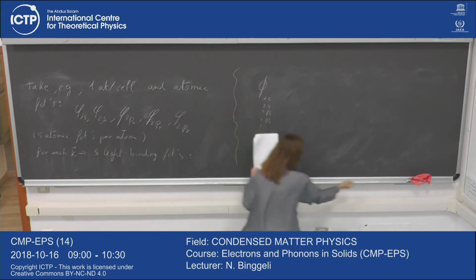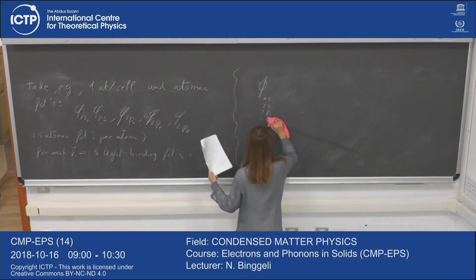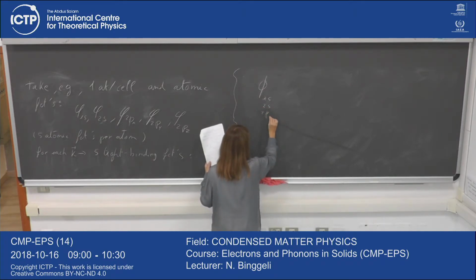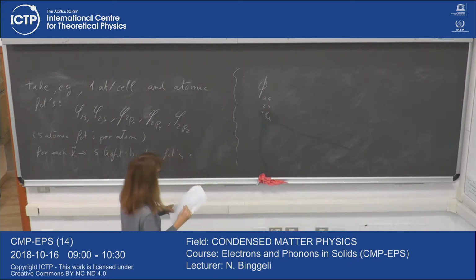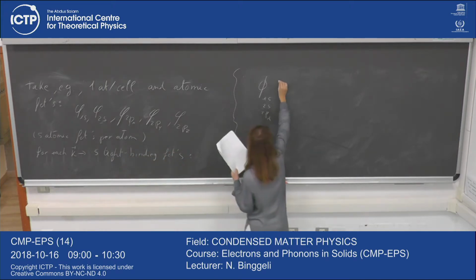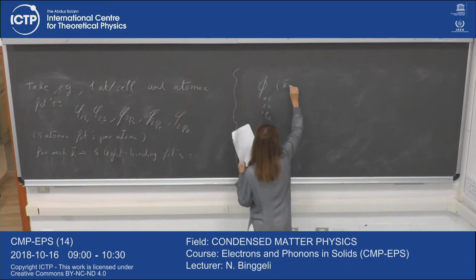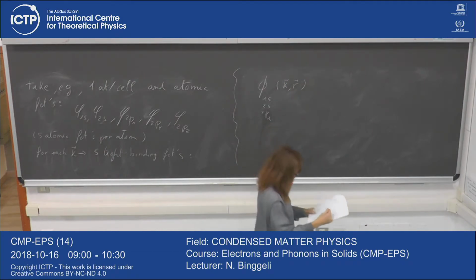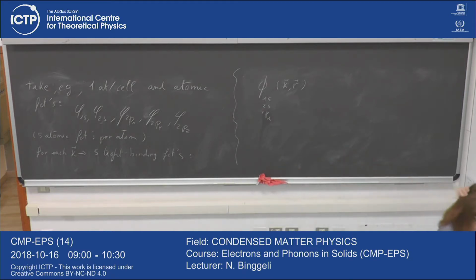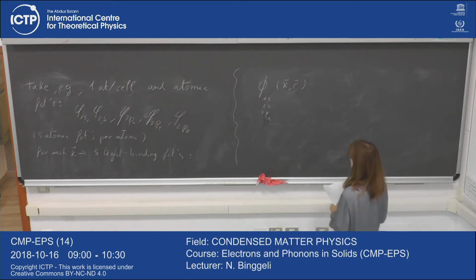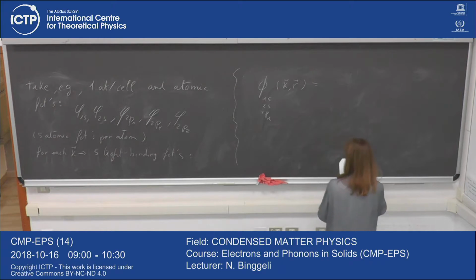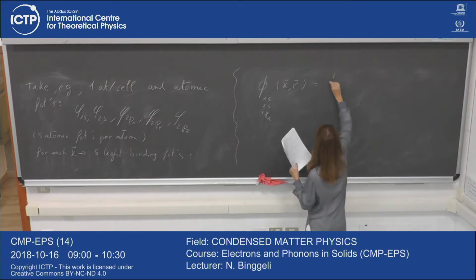Well, 2p alpha, let's simplify, where alpha is x, y, and z. So I can construct my tight binding function phi k of r using the specific orbital 1s, but I can do all the same for 2s and for the 2p alpha atomic orbitals.